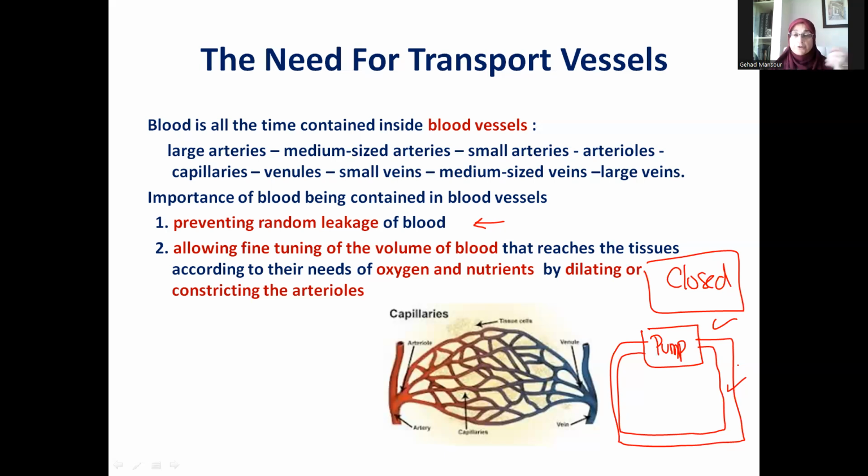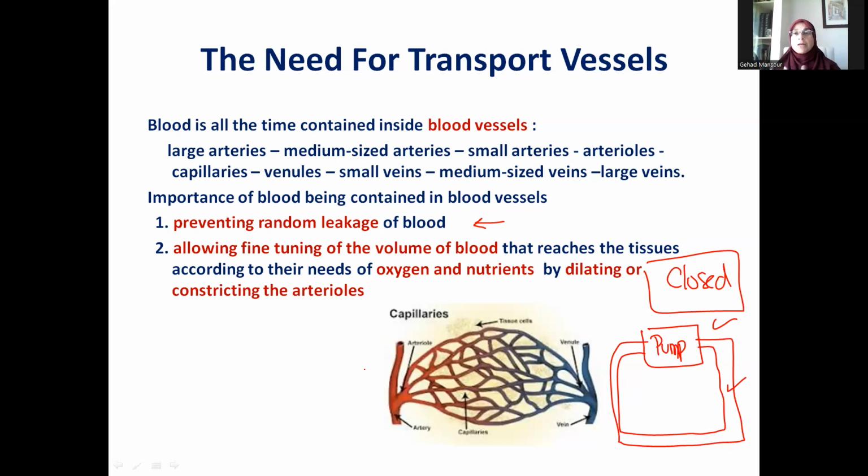Maybe the fluid part, which is the plasma, can exudate outside the blood vessels, especially the capillaries. The capillaries are the only place where there is exudation of plasma. Other than this, blood stays contained in a closed circuit.